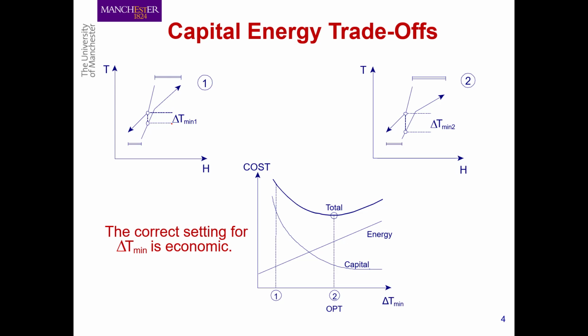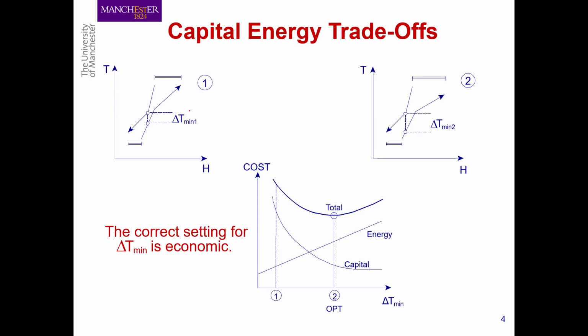Assuming we have vertical heat transfer from hot streams to cold streams, a certain value of delta T min gives us a fixed energy target in terms of cold utility and hot utility.